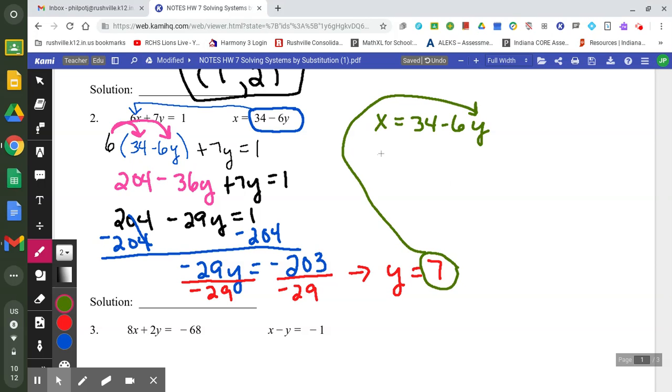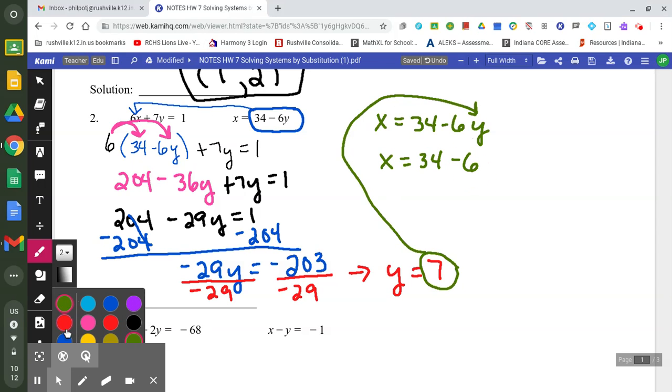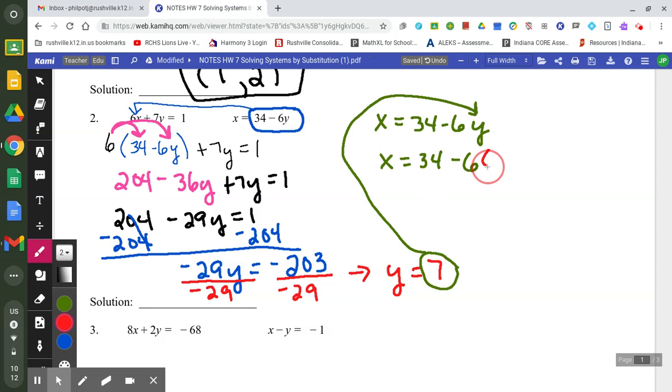So this line will be x equals 34 minus 6 times positive 7. So then x equals 34, and I'm going to do 6 times the 7, so minus 42. X equals, and then in your calculator, 34 minus 42 gives me a negative 8.